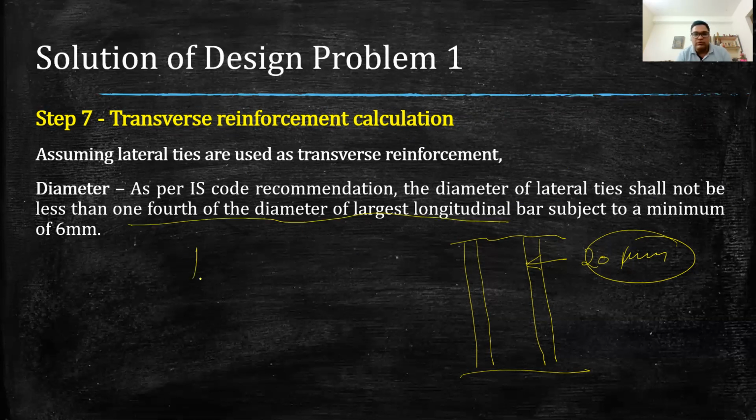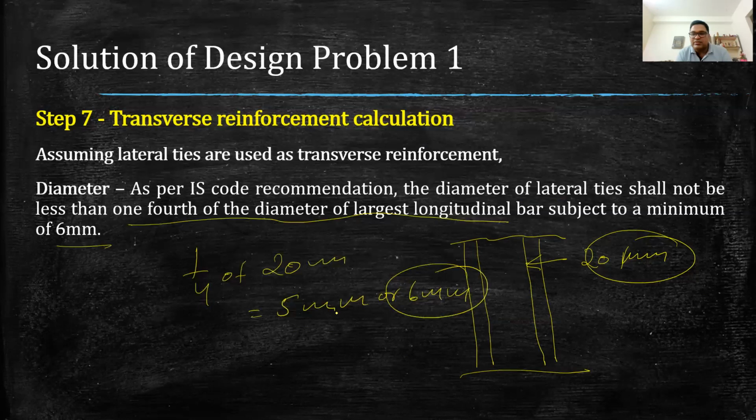So 1/4 of 20 mm is 5 mm, and it says subjected to a minimum of 6 mm. So it should be at least 6 mm. So 5 mm or 6 mm. As per IS code, at least 6 mm dia of lateral ties should be there.